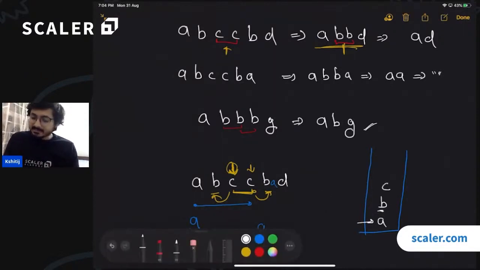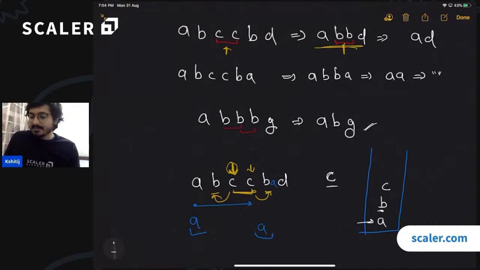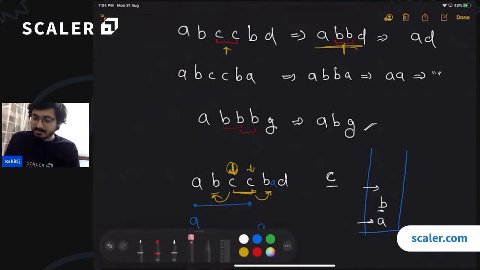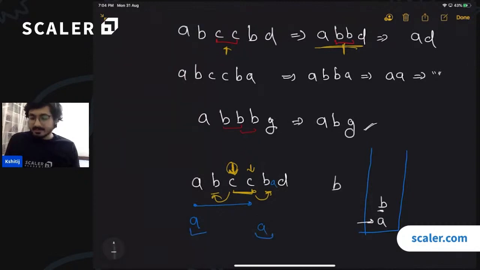Okay. Then comes another C. Now you can see that this C is same as the last pushed character. So you can pop this out and ignore this new C as well. So these two are removed. Now you get a B, right? As we have seen, the concerned character is this B, which was last pushed in this stack before we pushed C, right? So now you check this B with the top of stack.